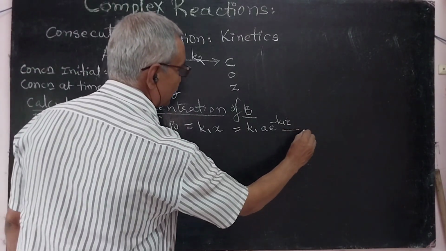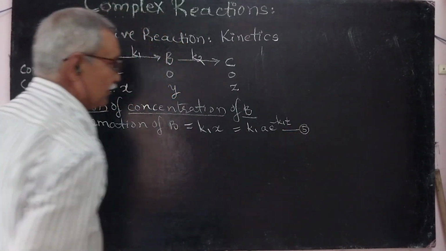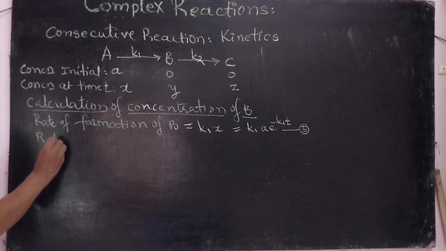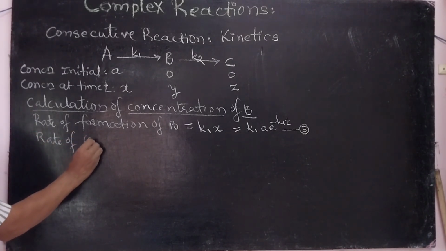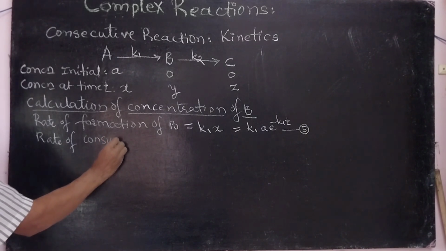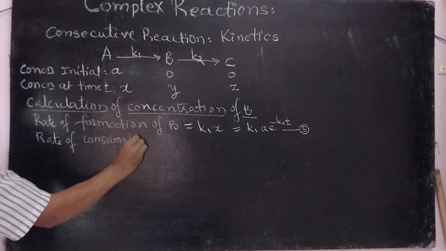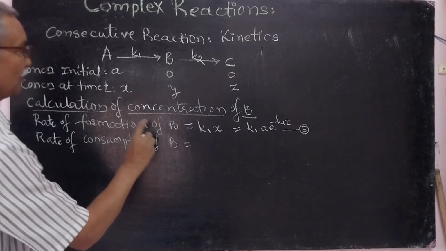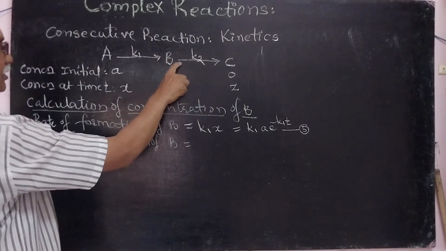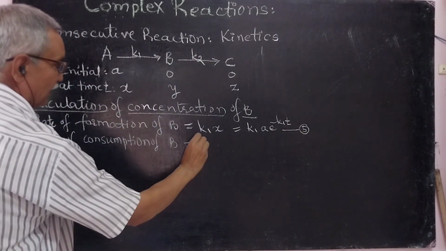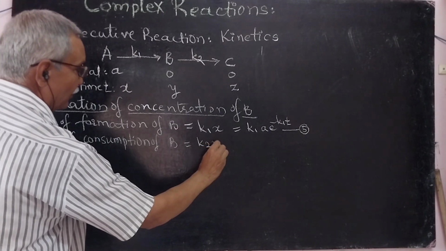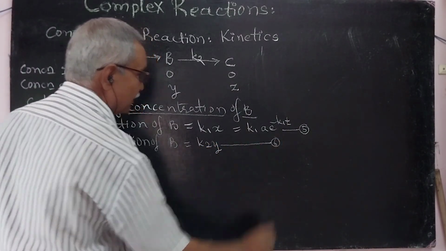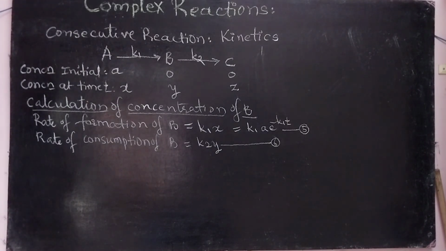Suppose this is equation 5. Then the rate of consumption of B is, B is consumed by this step, that is K2 into Y. Suppose this is equation 6.